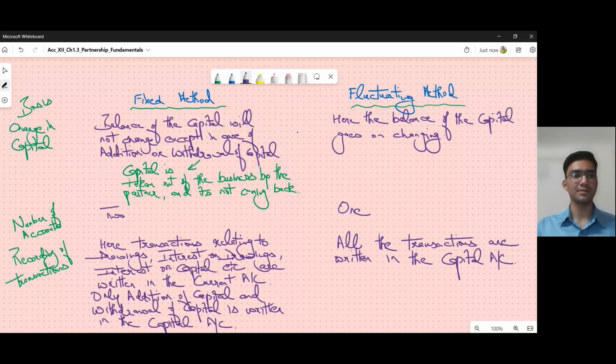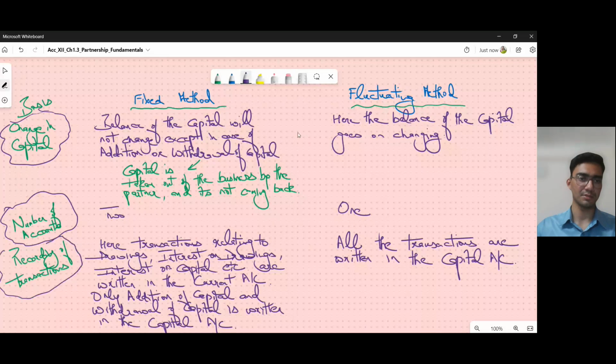So these are three differences which we have made. We must remember them. It can come for 3 marks as a distinction in your exams. It's very easy based on what we have studied right now. It is on that basis that we have differentiated them.